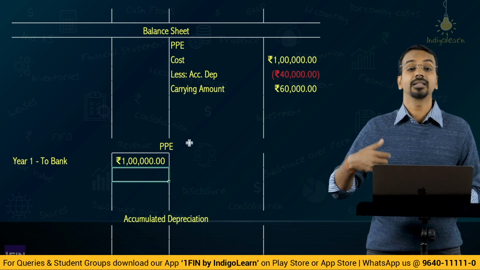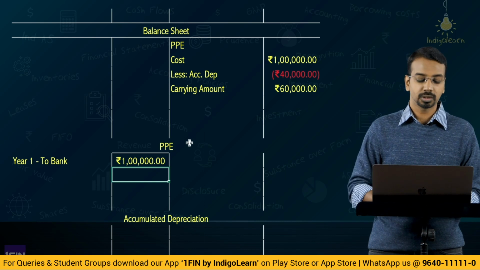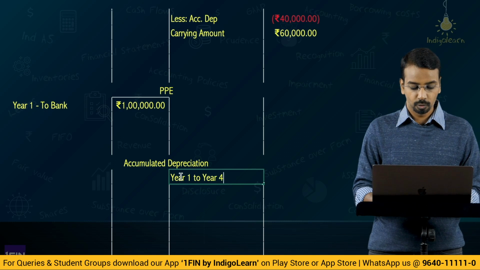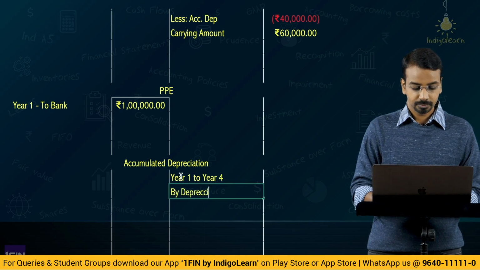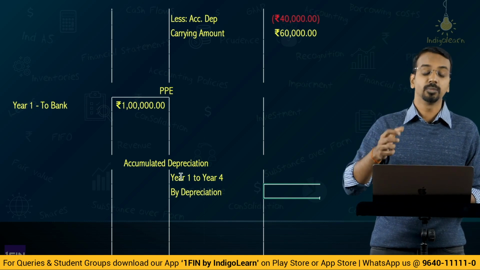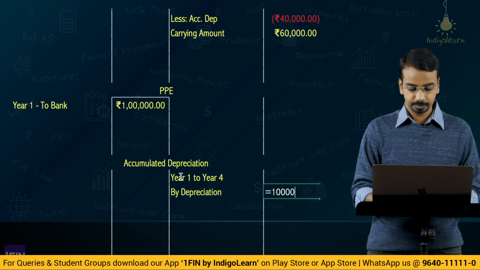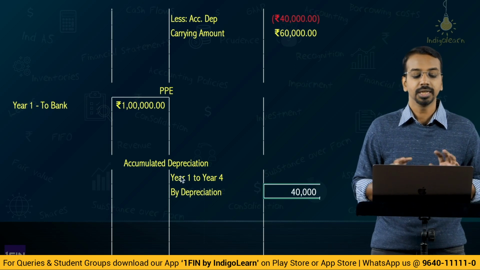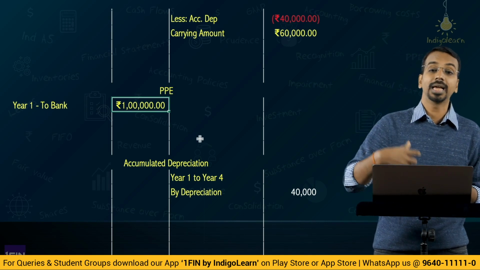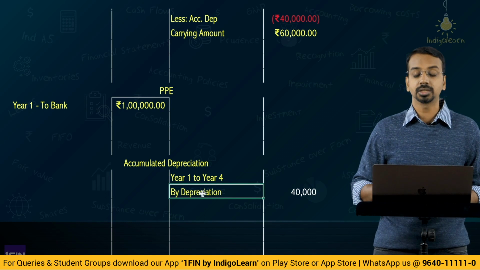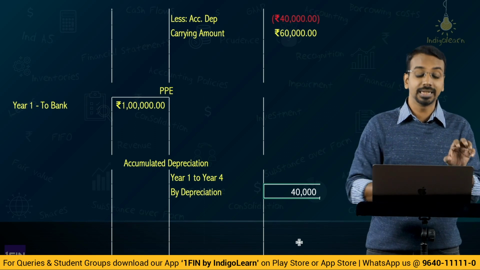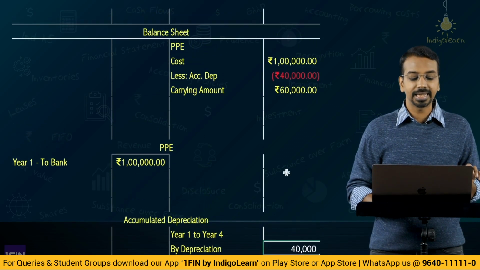And every year you will carry the balance forward and show PPE at cost of 1 lakh, and accumulated depreciation every year, year 1 to year 4, will be by depreciation. So, basically the entry will be depreciation account debit to accumulated depreciation. You will have 10,000 into 4, which is 40,000. So, original cost of PPE 1 lakh will continue to be shown as 1 lakh in the books, and accumulated depreciation every year you will charge 10,000. So, the accumulated depreciation will be 40,000. This is purely the presentation part.